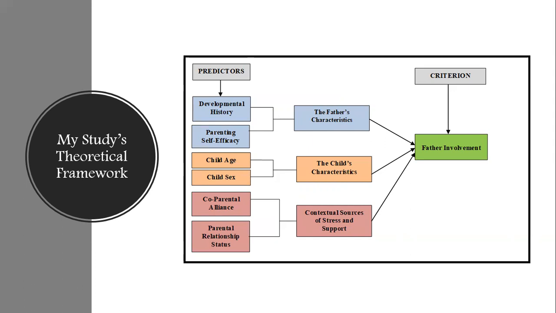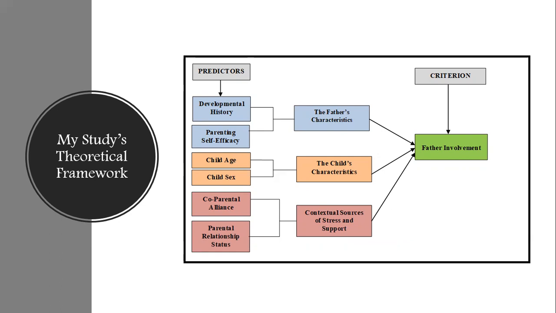Let me back up and say the father characteristics that I chose to focus on specifically was the father's developmental history, or specifically his relationship with his own father, as well as his sense of efficacy when it came to parenting. In other words, a father's level of confidence in his ability to be a good father to his children. So I looked at those two father characteristics.